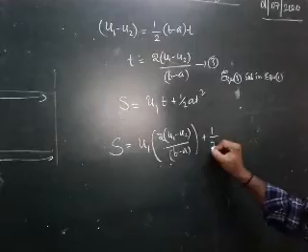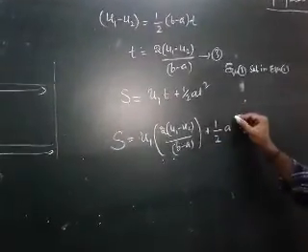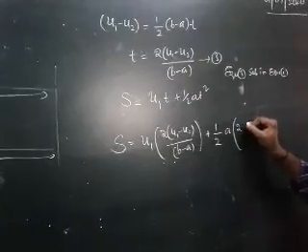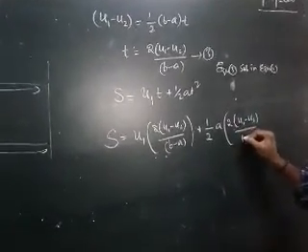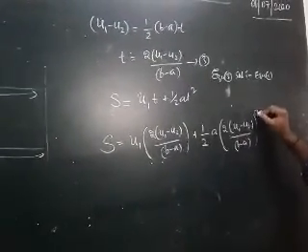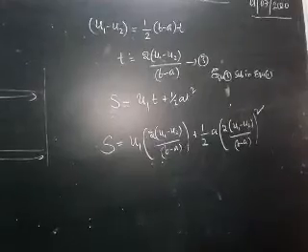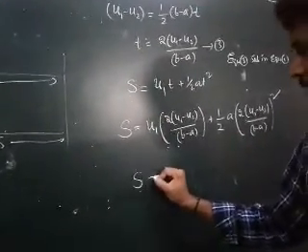Plus half a into t square, where t square is 2 into u1 minus u2 by b minus a, whole square. Then simplify it and you will get the final result.